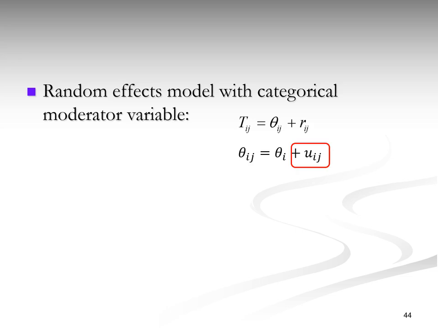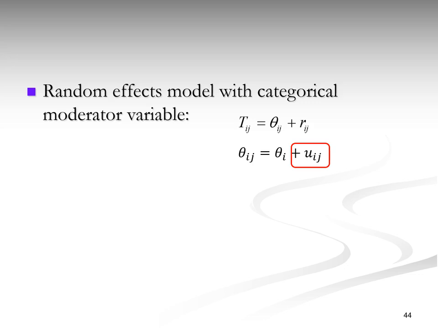We can also define a model where we say, well, maybe there are specific mean population effect sizes for each category, but on top of that, maybe the population effect size of a study can differ from the mean in the category to which that population effect size belongs. So we can include an additional residual u.